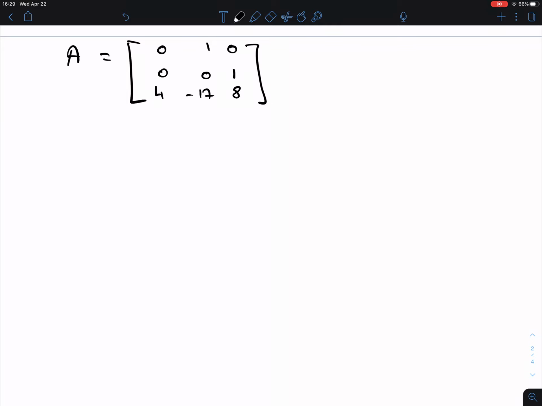Now it looks rather innocent, but unfortunately it's not that innocent anymore. So here are the steps. The question we're asking is: what are the eigenvalues, and give for each eigenvalue a corresponding eigenvector. Okay, so step 1.